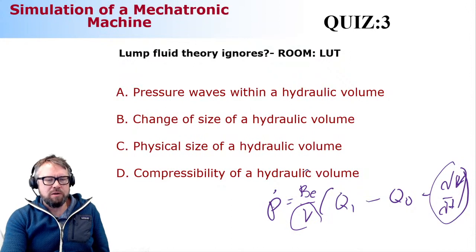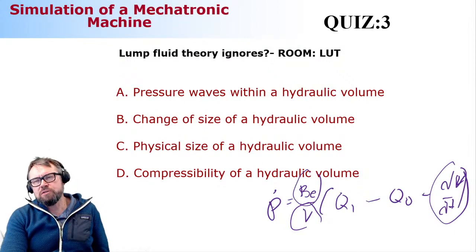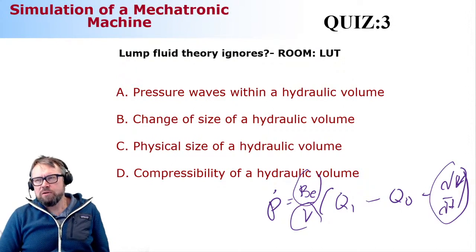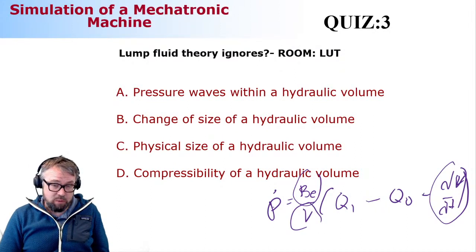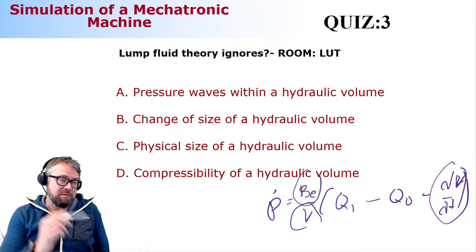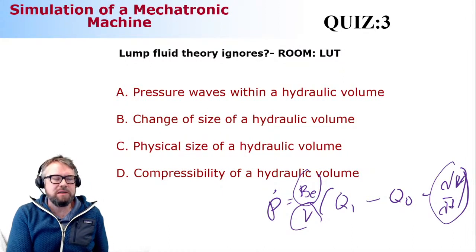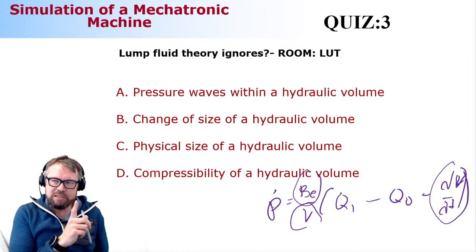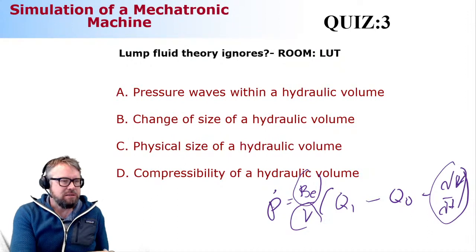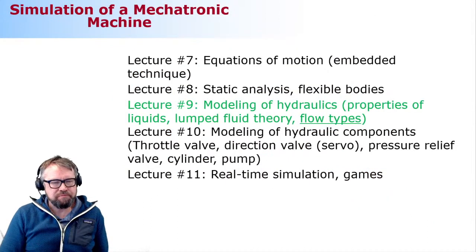Compressibility of the hydraulic volume, this is the bulk modulus, so it's there too. So all others are counted. So the only one that is not accounted is the pressure waves. And we assume that in a mobile application, they are not so significant. It's really hard, case dependent. So I cannot say for 100% sure that it's always something you can ignore. Keep in mind that this is what you're ignoring, and that's all you need to know this time.